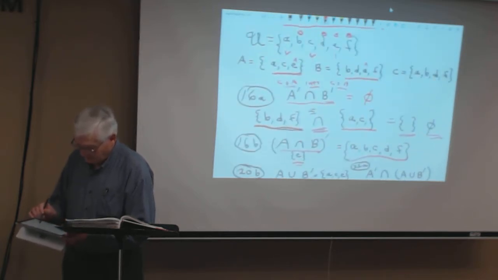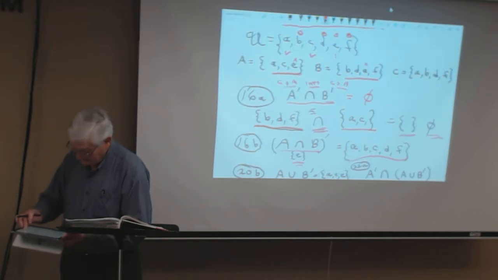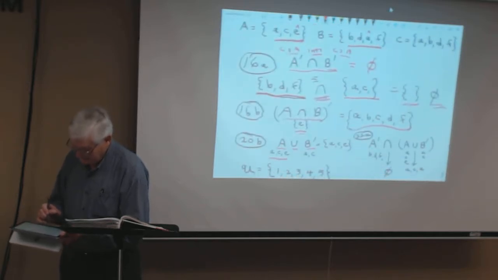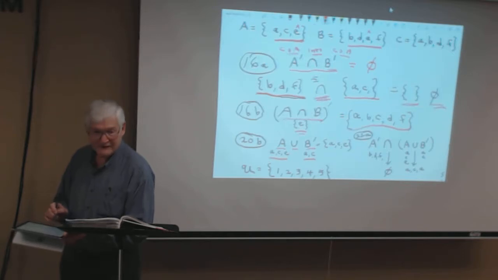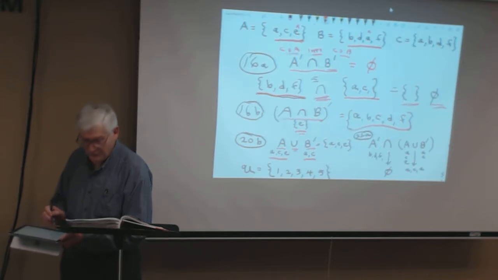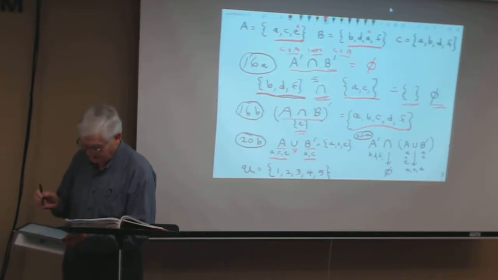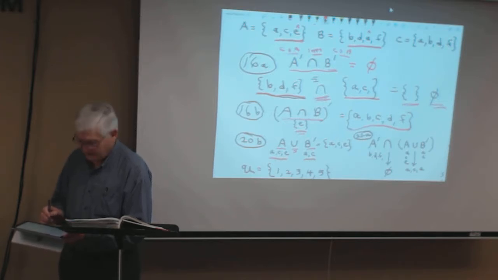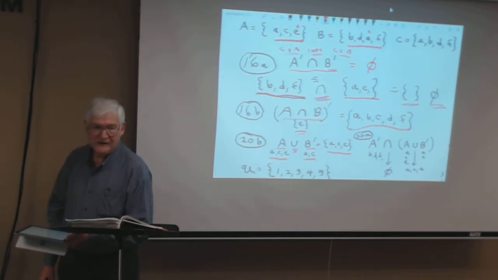BDEF. So the complement of B is everything in the universe other than BDEF, which would be A and C. So the complement of B is A and C. You see why I've written this stuff underneath here? So it can help me sort out what I'm going to do when I unite them, put the two together. What happens when I put ACE and AC together? What do I get? ACE.